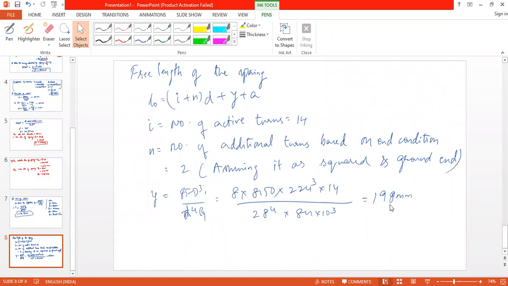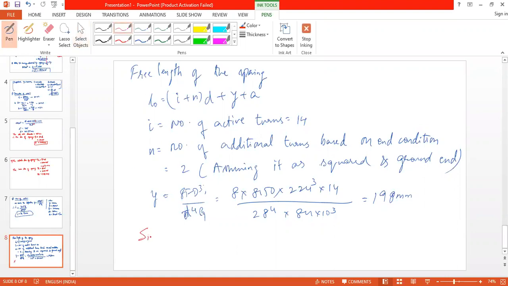I increase the number of turns so that I'll get 200 mm deflection or more. Yes, sir. See, we cannot change the diameters, because if I change any one of the diameters, then the other diameter will change and the spring index will change.